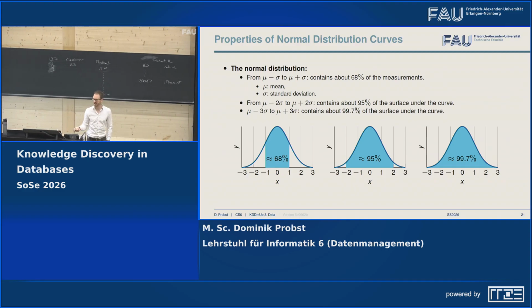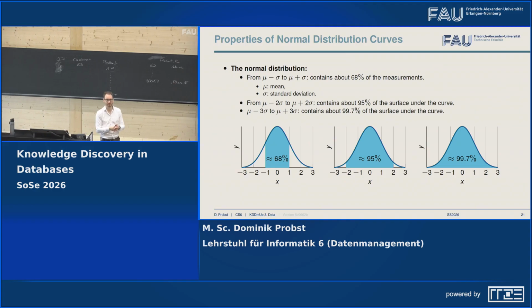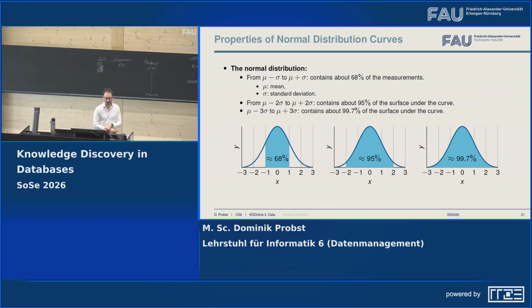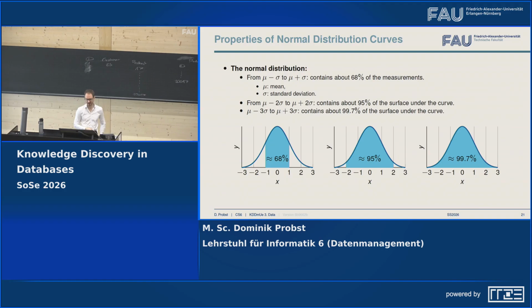Because if we say 95% of values are within that 2 times the standard deviation range, then we can make sure that everything outside of that, if we say 2.5% of highest values, 2.5% of lowest values are outliers, then we simply get to know them.